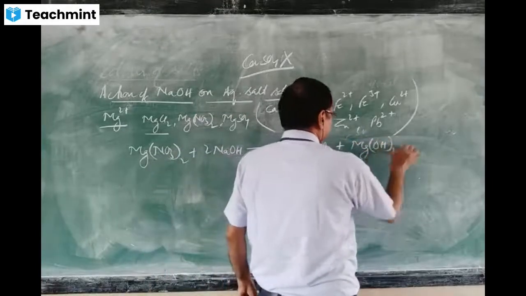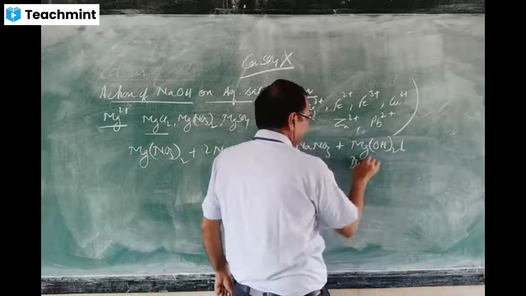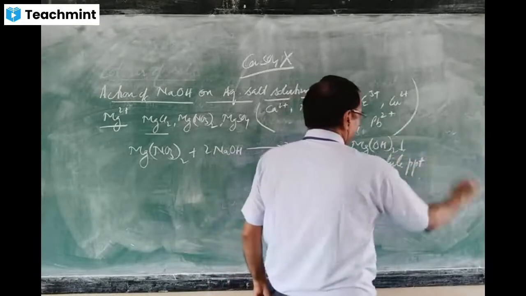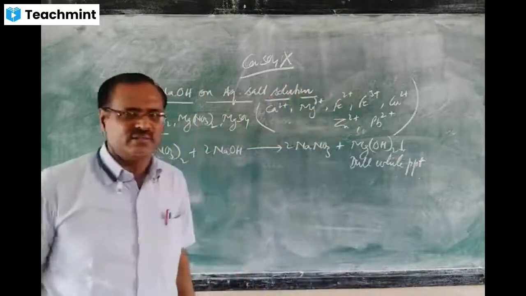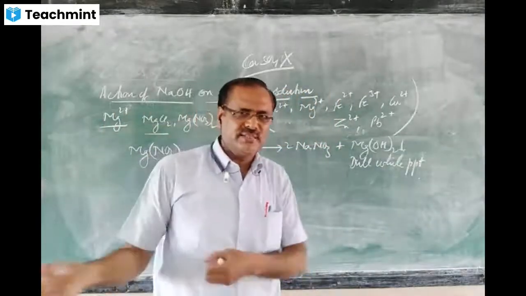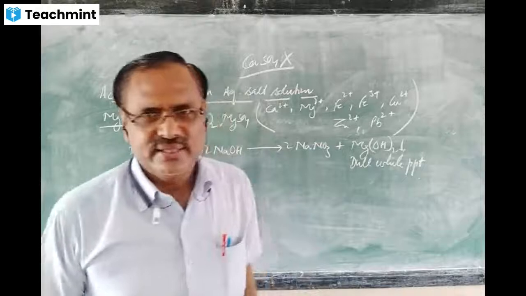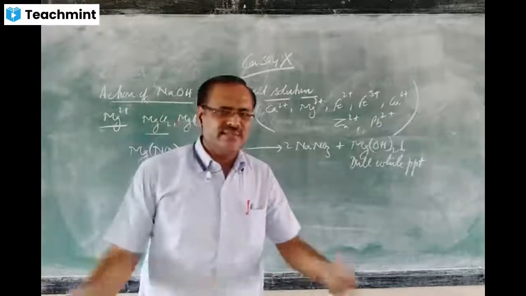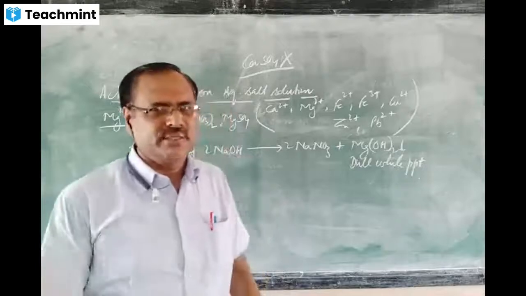What is the color of the precipitate here? Dull white. A dull white precipitate is formed. You must be wondering what dull white is. When you purchase a white shirt, it is shining, but after two or three months of use, that brightness is not there, so it becomes dull white.